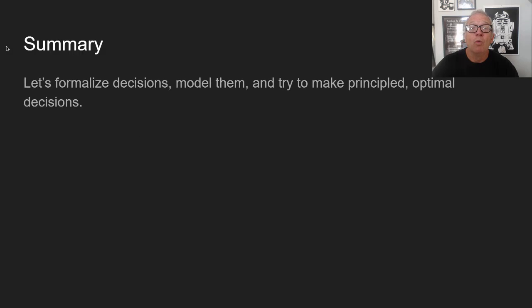Okay, so we're going to start formalizing decisions. We're going to model them, we're going to quantify them, and then try to make principled optimal decisions. We're going to try to be rational, which means maximizing utility. And there are better and worse ways to do that according to the theorems and the axioms of decision theory. Decision theory, probability theory, and game theory. Game theory is when we're doing it with other people.